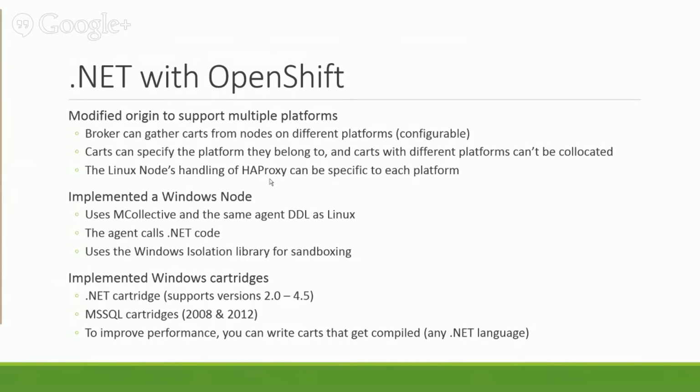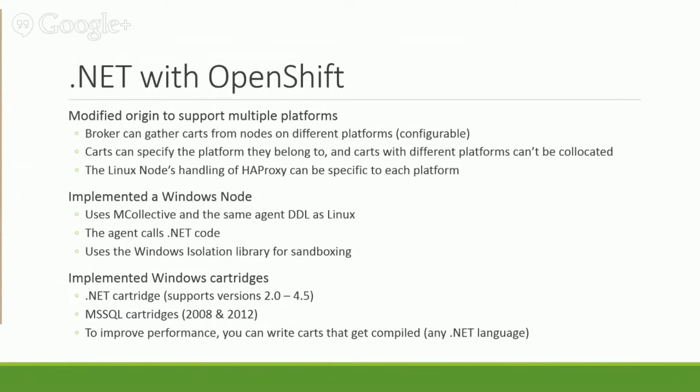This is done by filtering the nodes based on mcollective facts. Now the cartridges themselves will be able to specify on which platform they want to live. There will be a new attribute called platform, and this will default to Linux, so it doesn't break anything.